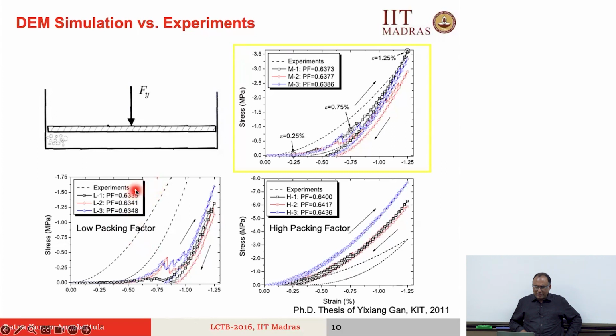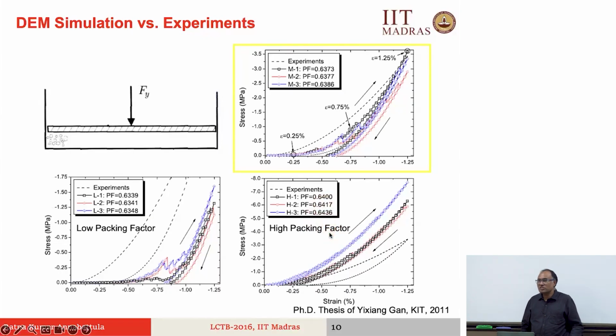Here we are looking at low packing fraction, here medium packing fraction, and here high packing fraction. What is the low packing fraction system? I am talking about 0.6339, 0.6341, 0.6348. Medium is 0.6373, 0.6377, 0.6386. High is 0.6400, 0.6417, and 0.6436.